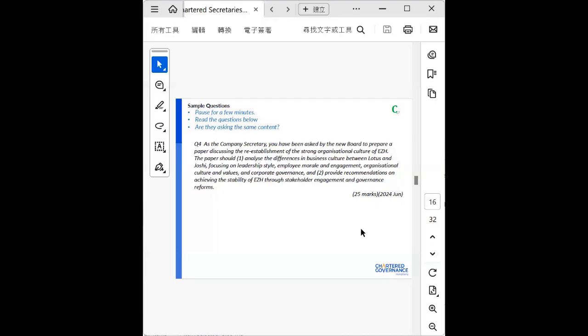So again, we see a lot of discussion on stakeholder engagement and the role of stakeholders in shaping the sustainability and the strategies.